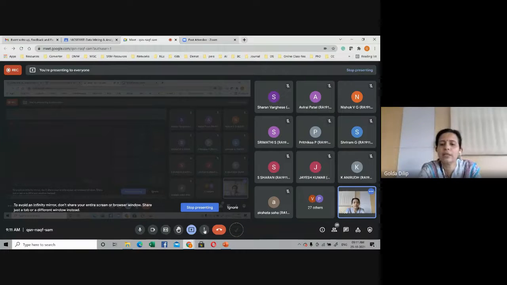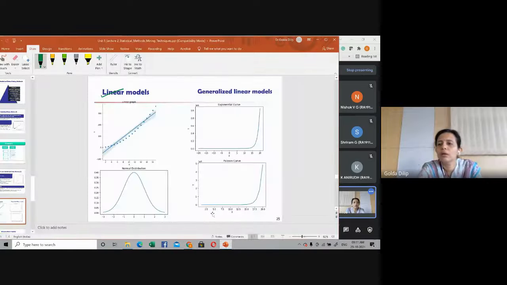Okay, so generalized linear model. In a linear model, all of you are aware that the response variable, or the dependent variable, or the so-called target variable, which will generally be represented as y, will be expressed as a linear function or a linear combination of all the independent variables, or the regression variables, or the so-called observed variables, which will be represented by x.